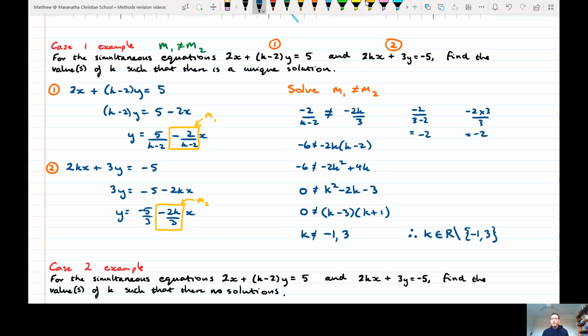And so notice that k equals 3 will give you the same gradient. We don't want that. We're getting rid of the k equals 3 solution. And if I do the same with -1, you'll find you get exactly the same answer again. And we don't want that. So we are eliminating the issue with the same gradients by removing -1 and 3.